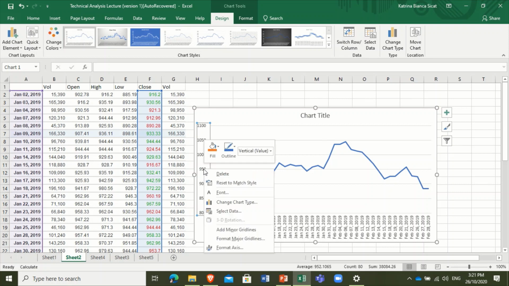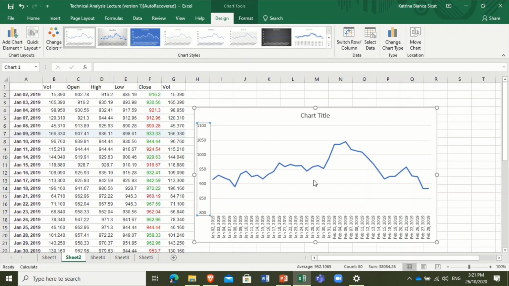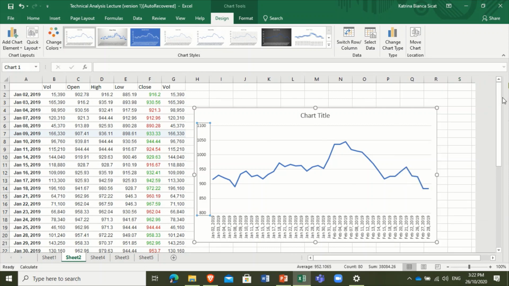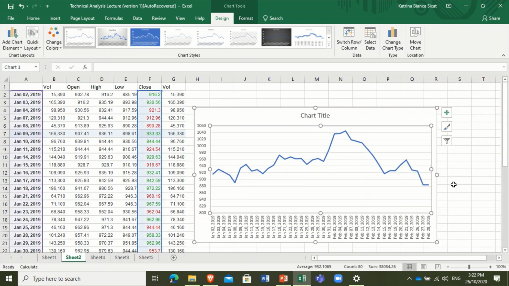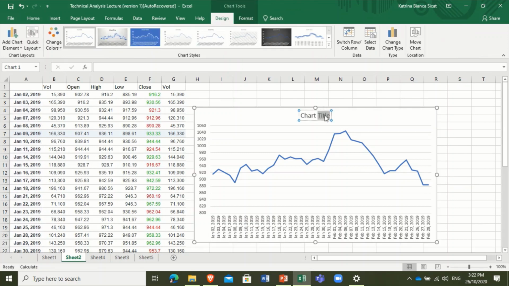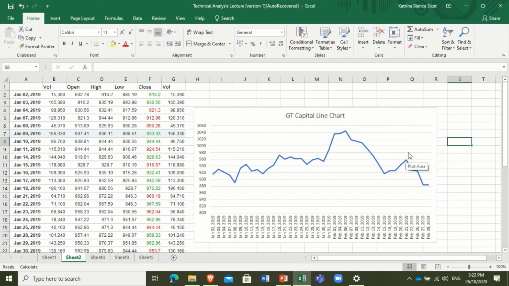And if you want a better look of the chart, gawin na lang natin, sabihin natin 20. Ayan, yung interval natin. So, para mas maganda. Ayan ang litaw. Okay, so this is a basic line chart of GT Capital Holdings. Basic line chart. Okay, so very, very easy.